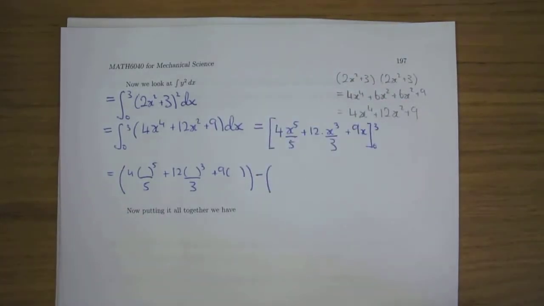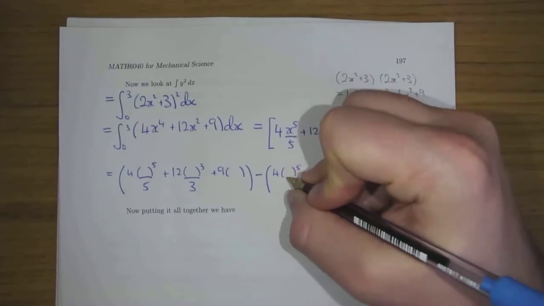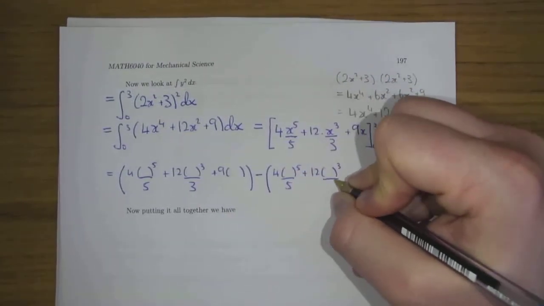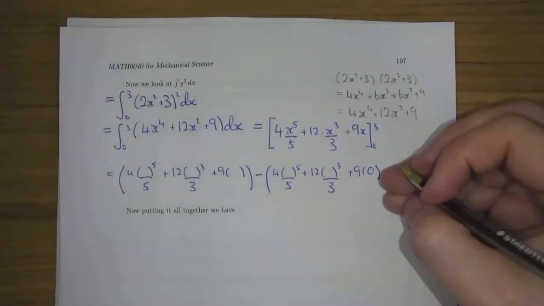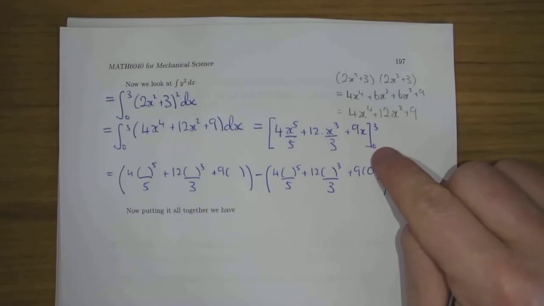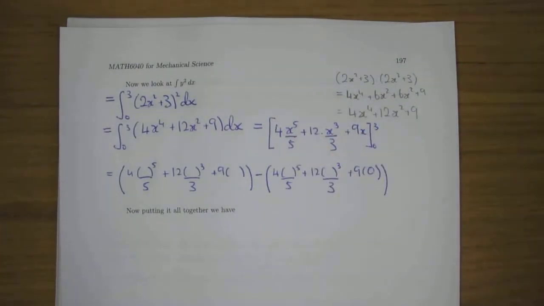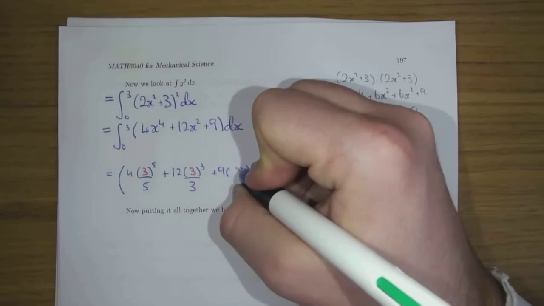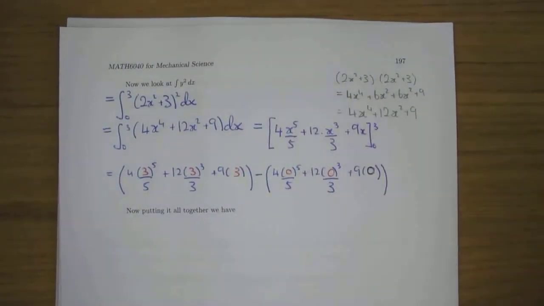Take away, that's going to be the substitute, the top limit, then the bottom limit. 4 times 0 to the 5 over 5 plus 12 times 0 cubed over 3 plus 9 times 0. Now if you're being careful, you can just write 0 here because 0 to the 5 is 0, 0 cubed is 0, 9 by 0 is 0. If you want to be a bit quicker, you can be quicker there. So that's 3, 3, 3, substitute top limit, 0, 0, 0, substitute bottom limit.